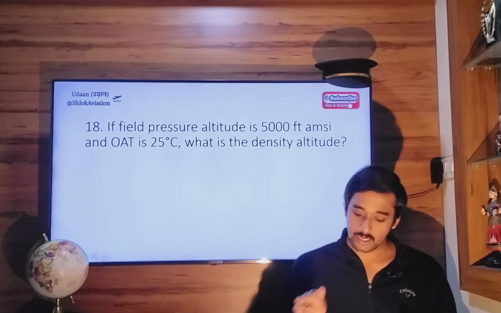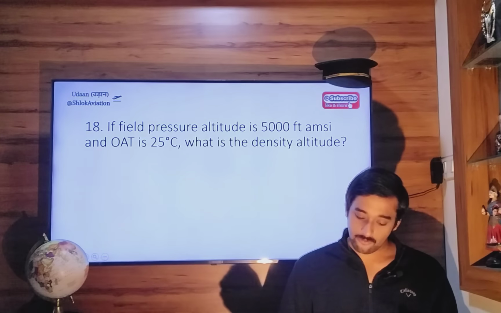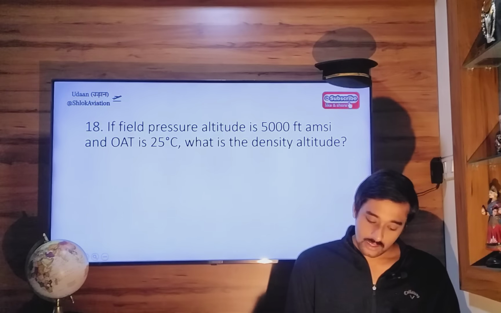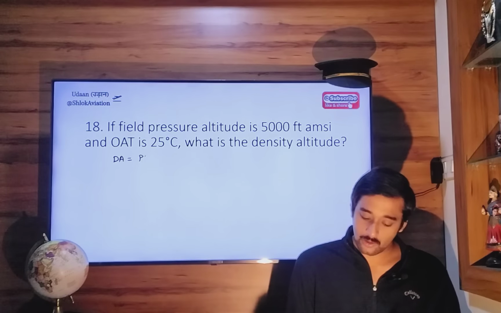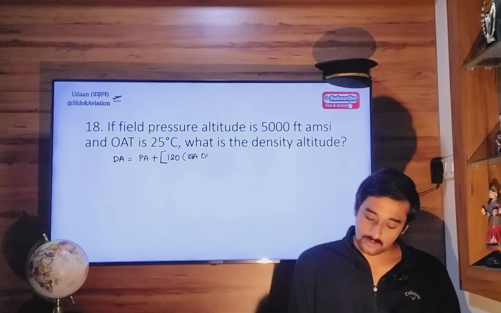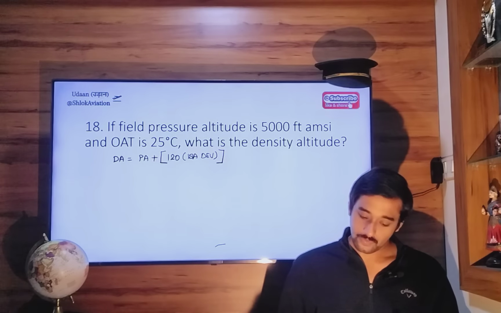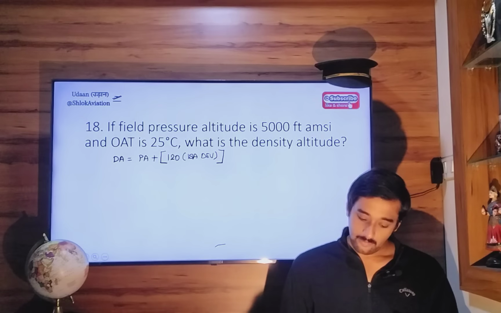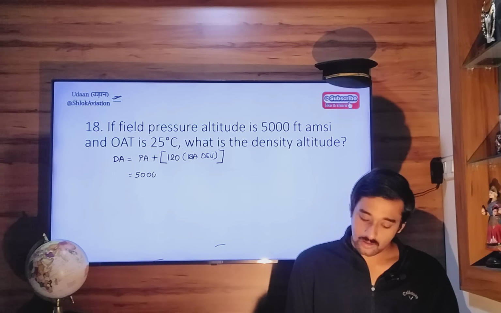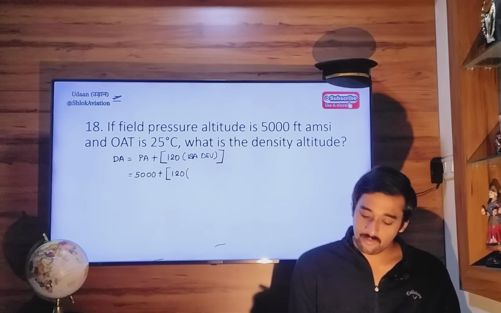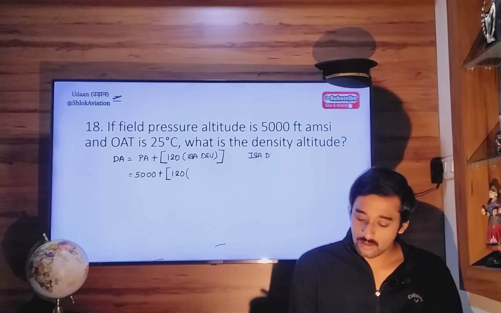If the field pressure altitude is 5,000 feet and the outside air temperature is 25, what is the density altitude? Density altitude is pressure altitude plus 120 times the ISA deviation. Pressure altitude is 5,000. ISA deviation is outside air temperature minus ISA temperature.